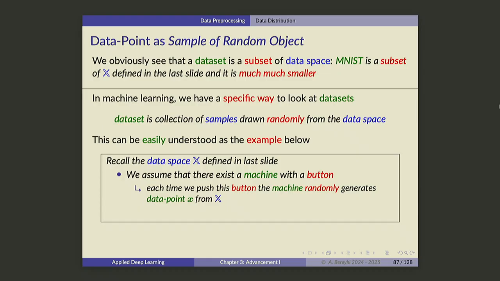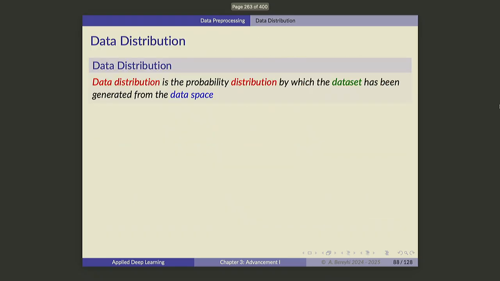Now, you can think of a machine which has a button, and each time you press, it's randomly picking one sample from that space and putting it here for you, right? And in the case of the MNIST data set, you can think that we just pressed this button 70,000 times, right? And we got 70,000 samples inside our data set.